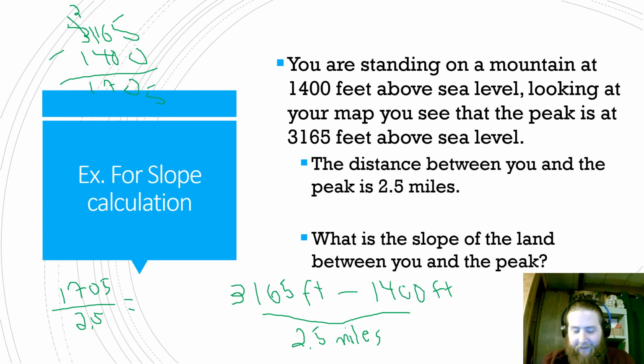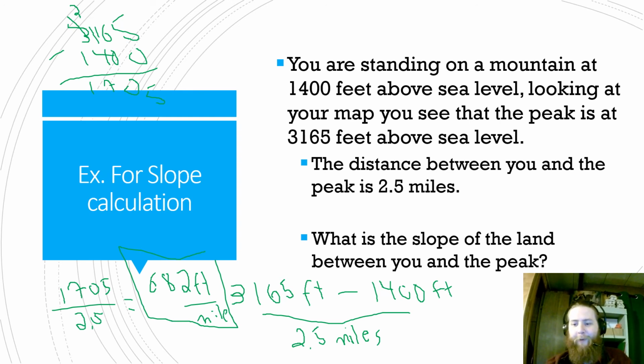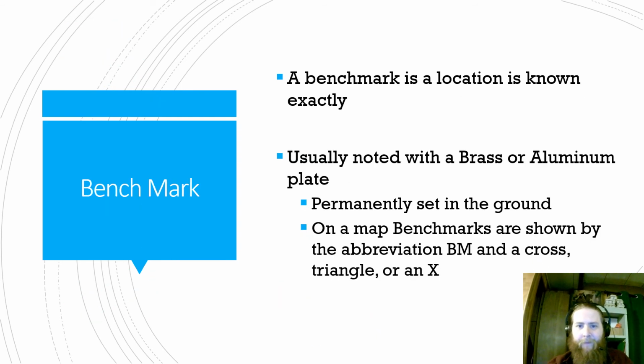And then our answer is going to be 1705 divided by 2.5, so it's going to be 682 feet per mile. So that one's a much steeper slope than the last one we did. But there's another example on how to do one of those, a little harder one.